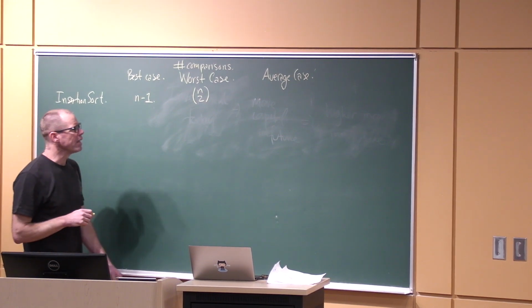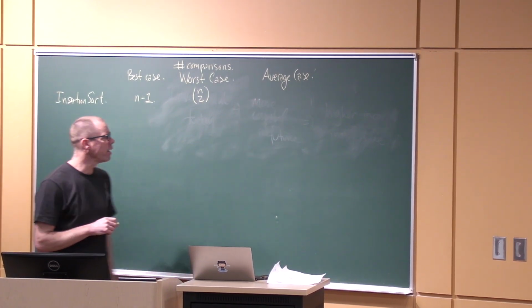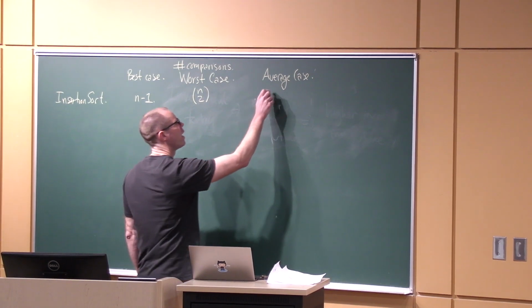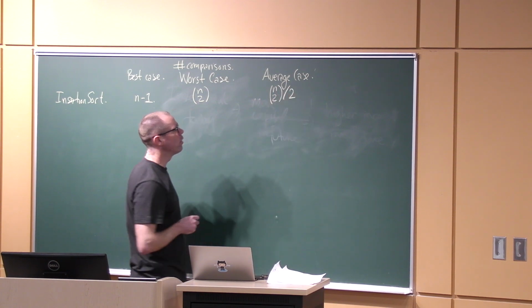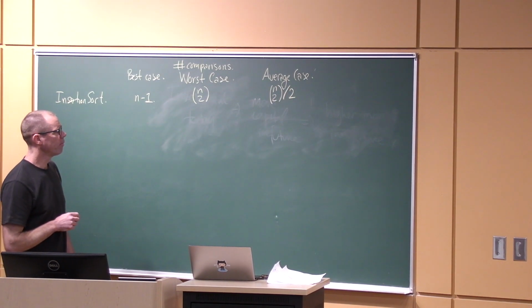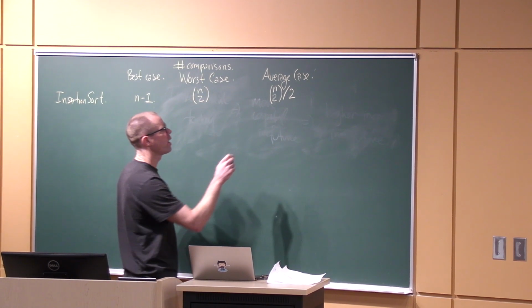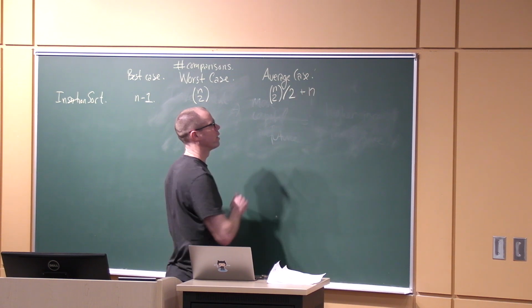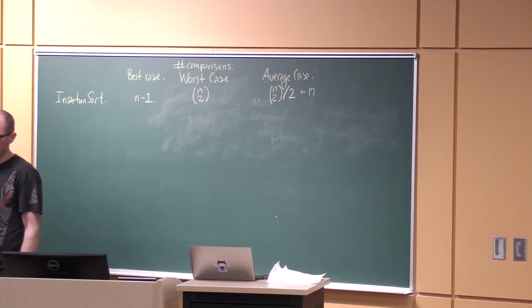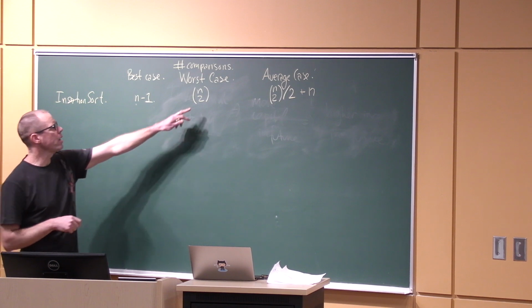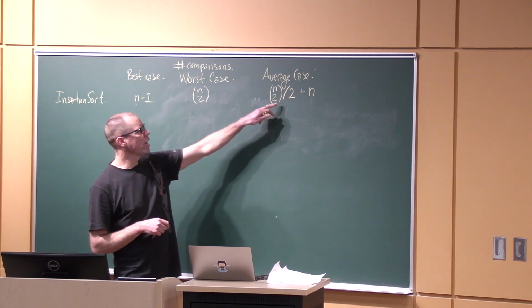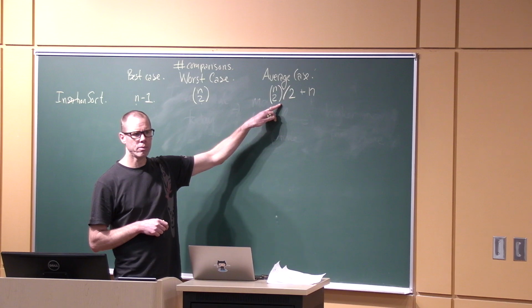That was when we assumed that the input array is a random permutation of n elements, and we saw that n choose 2 divided by 2 was the number of swaps that are done, and if you translate that to comparisons, there's actually an additional n comparisons, the ones that don't result in a swap, the ones where you stop. Okay. So best case was something like n, worst case was n choose 2, and average case is about n choose 2 divided by 2.